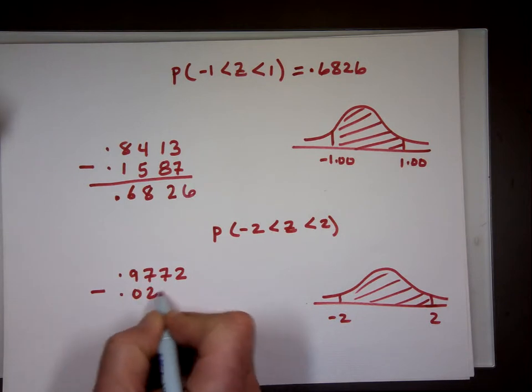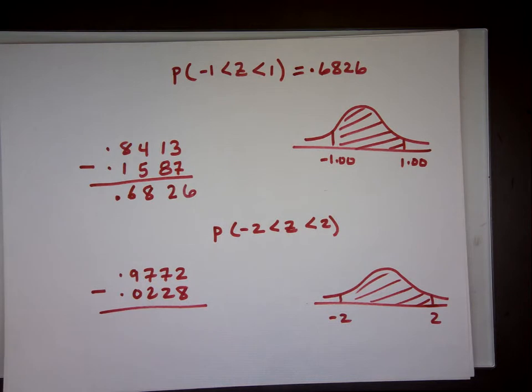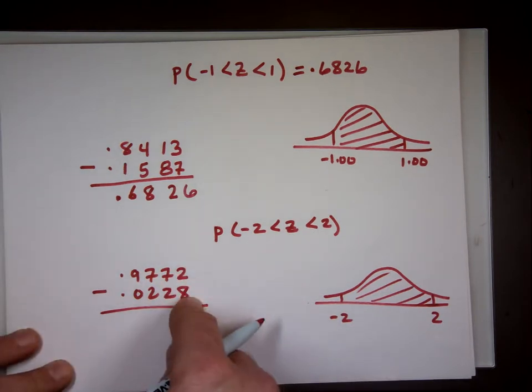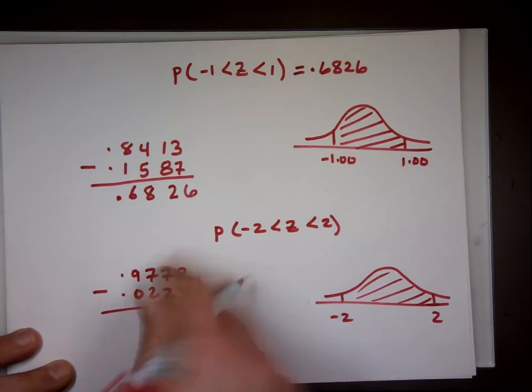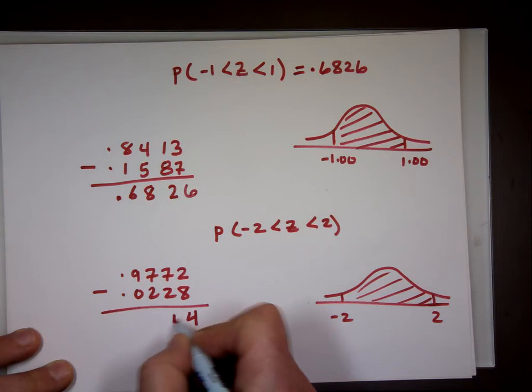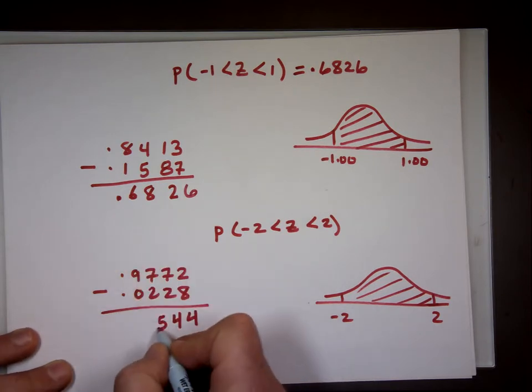And let's subtract them. 8 from 2, can't. 8 from 12, 4. 2 from 6, 4. 2 from 7, 5. 0 from 9, 9.